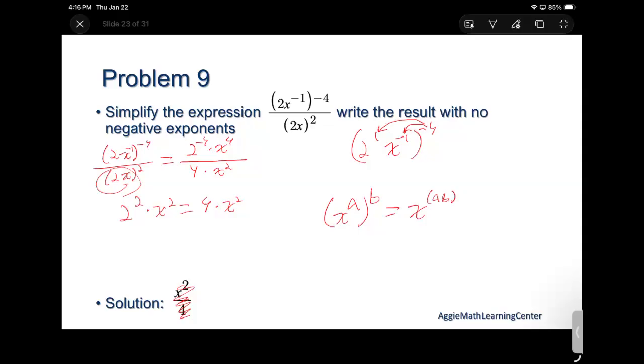Exactly. A plus b would be x to the a times x to the b is equal to x to the a plus b. Does that make sense? Yeah. Cool.